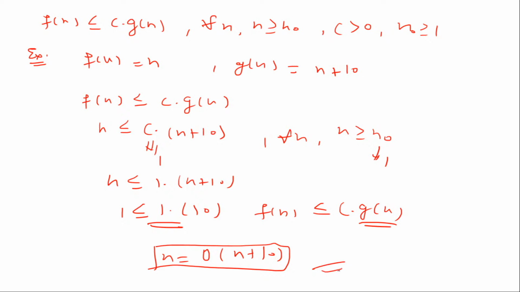Now we take another example. The big O condition is f(n) less than or equal to c dot g(n) for all n greater than n naught, c greater than 0 and n naught greater than or equal to 1.